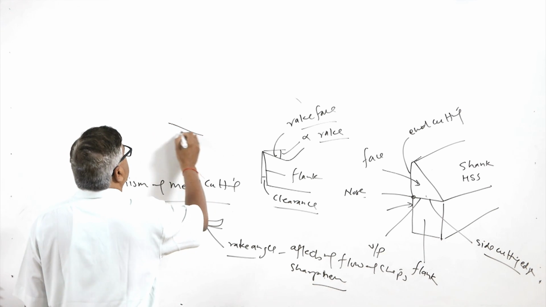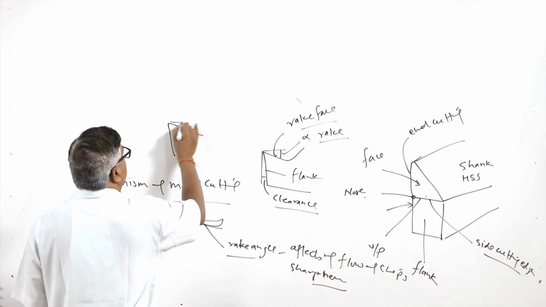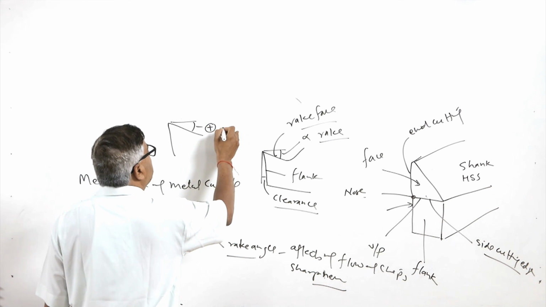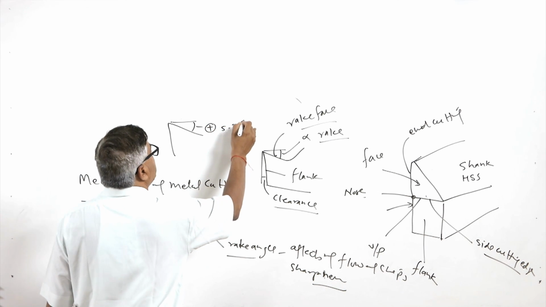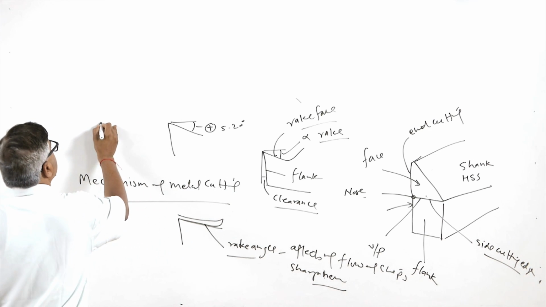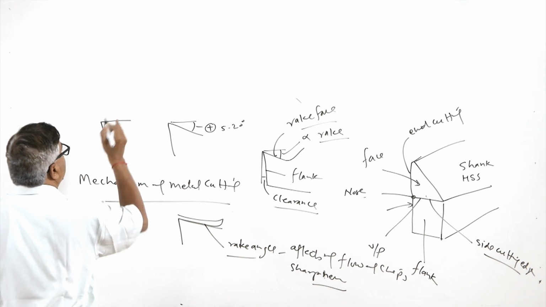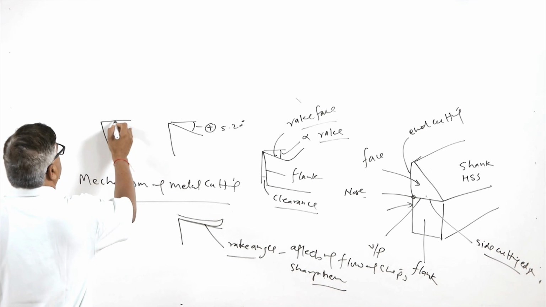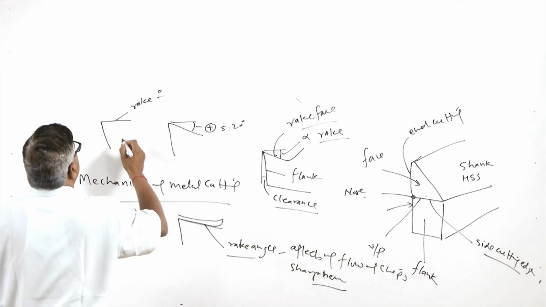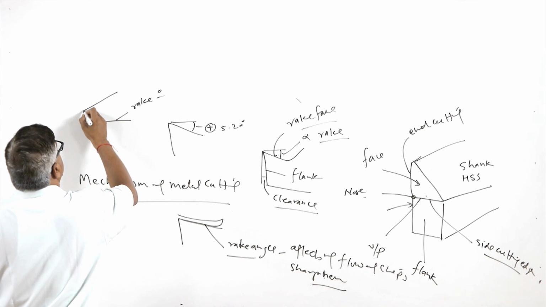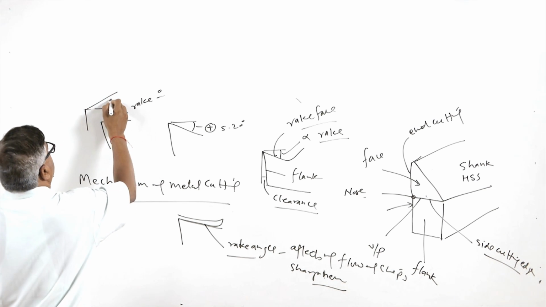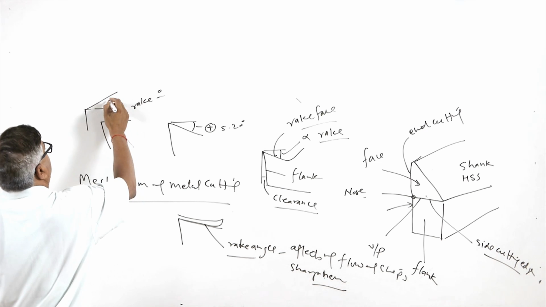If the face of the tool is inclining back, this is termed as positive rake, normally given 5 to say 20 degrees. The tool face may not be given any angle, so the rake angle is 0, or the tool face may be inclined in the upward direction.